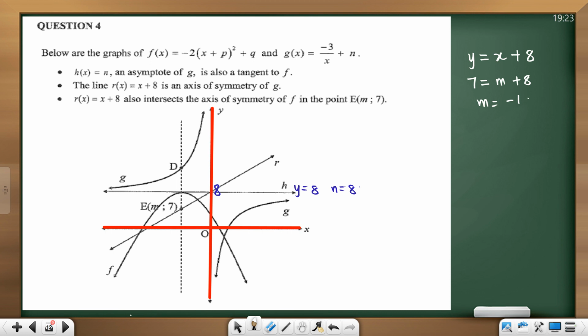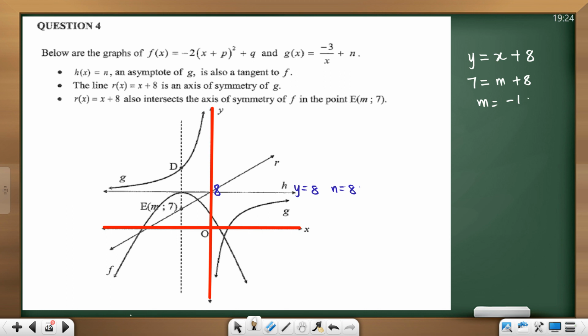What's your equation of f of x? Guys, the idea is to remember that the p-value should change in some way. What's your turning point? Negative.